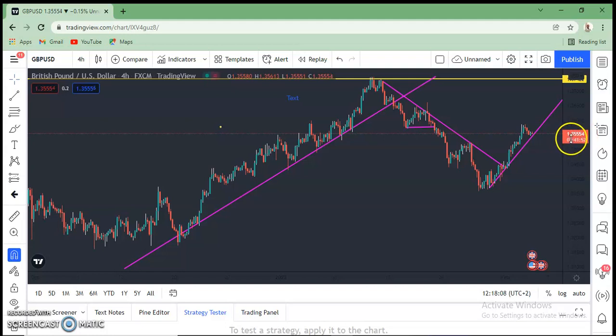So if we count the fourth digit from the decimal point, we count 1, 2, 3, 4. So the fourth decimal, as you can see, is 5. So that is the pip. That is what we use to measure the distance.